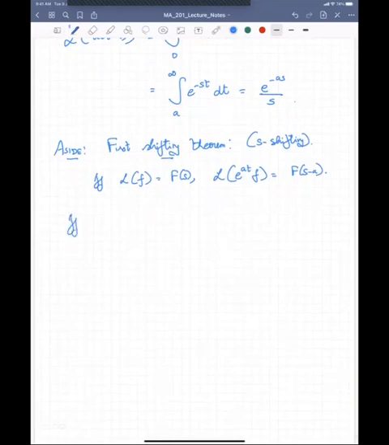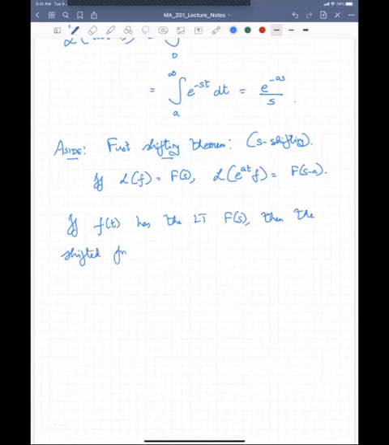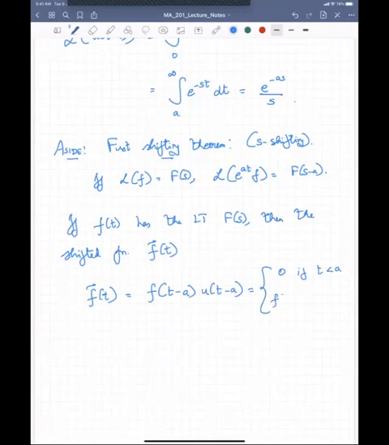If f(t) has the Laplace transform capital F(s), then the shifted function f tilde(t), which I will define as f(t − a) weighted by u(t − a), is equal to 0 if t is less than a, and equals f(t − a) if t is greater than a. This is my definition of my shifted function.